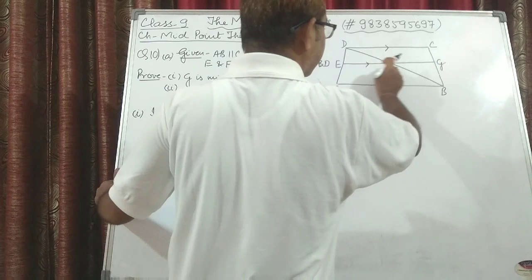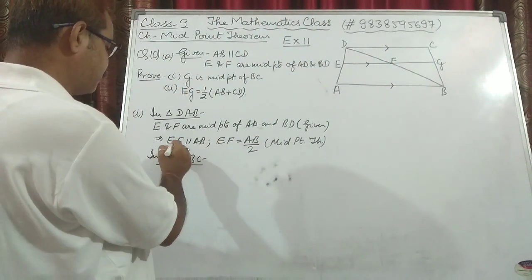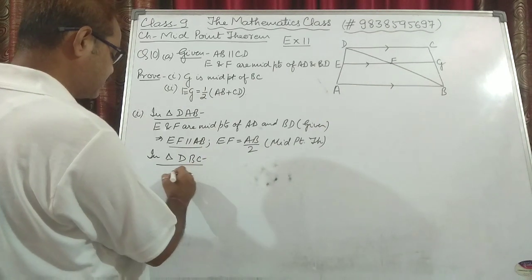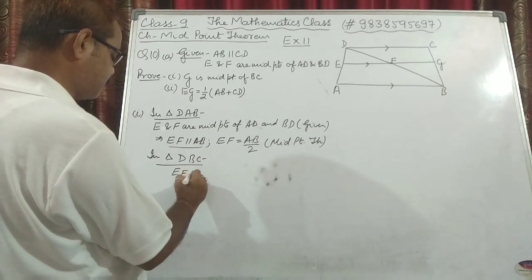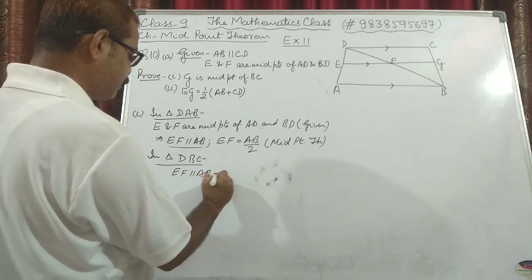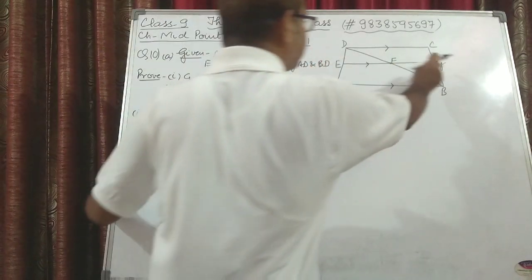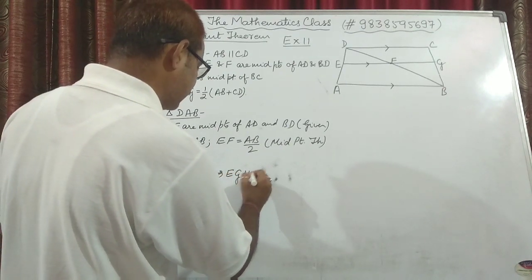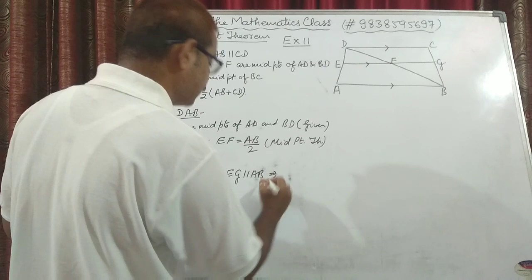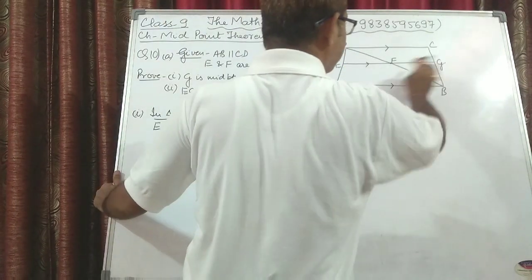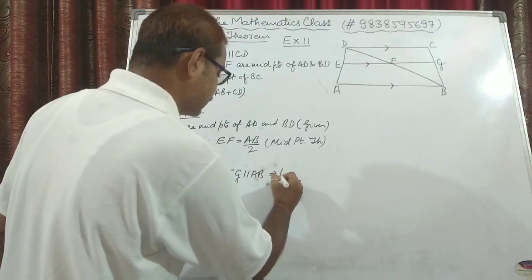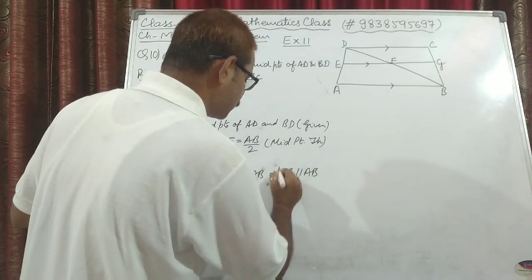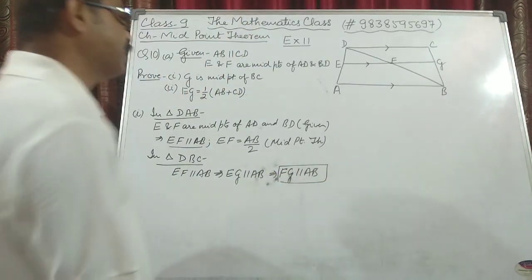Because EG is in continuation to EF, and EF is parallel to AB. So FG is parallel to AB, and this is what we required in the second triangle.